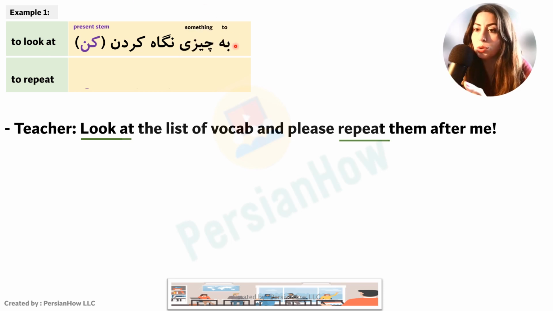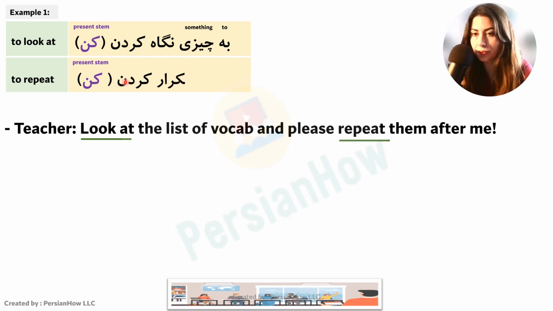In Farsi, we look to something. به چیزی نگاه کردن. The second one is to repeat. تکرار کردن. And then تکرار کردن is a transitive verb. We have an object, we have a direct object. What's the direct object? It would be them, so it's a direct object pronoun. So چیزی را تکرار کردن, it will trigger را.